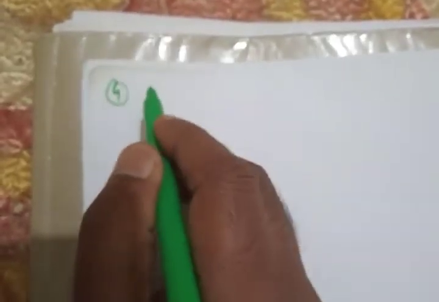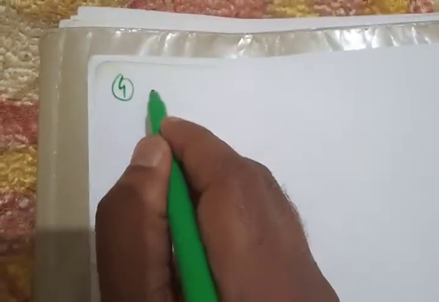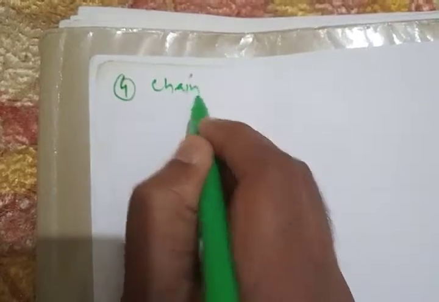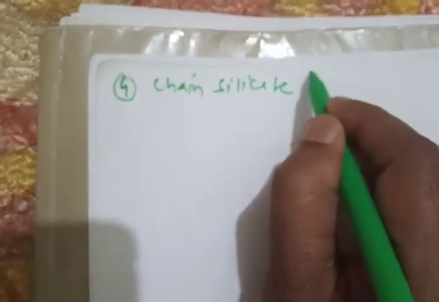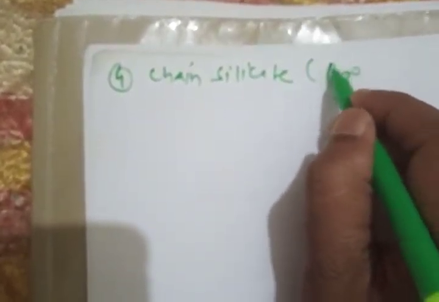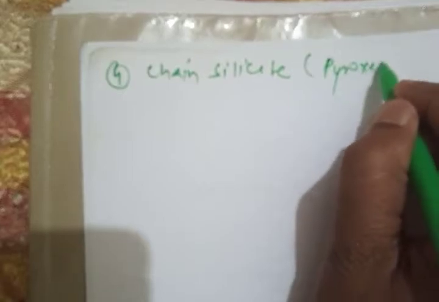Okay, so the next type of silicate is called chain silicate, other name is pyroxene.